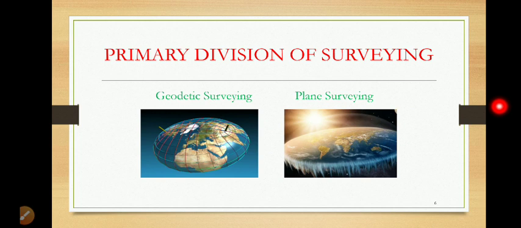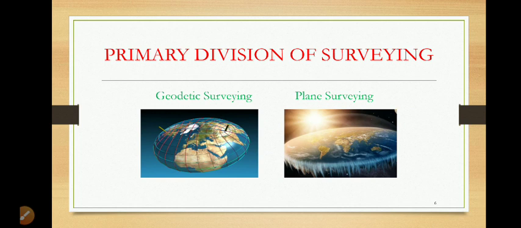Next, the primary divisions of surveying are of two types: geodetic survey and plane surveying. In geodetic survey, we consider the original shape of the earth, that means the distance between two points should be curved. You see the diagram, two poles are there.